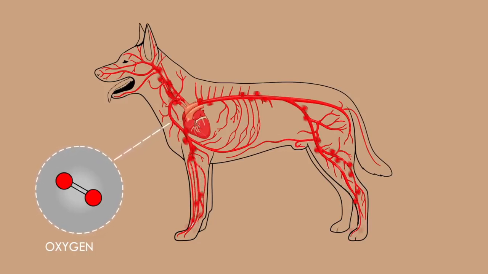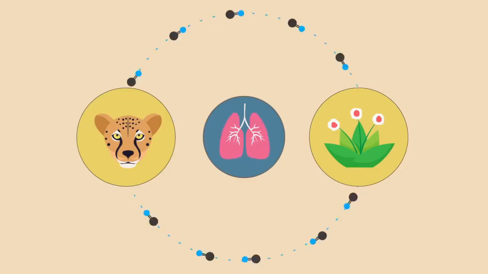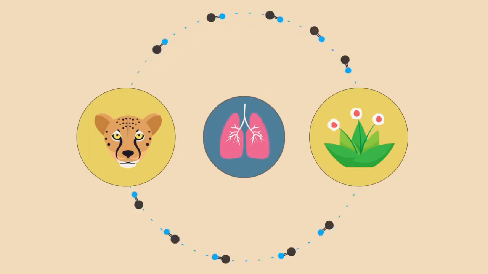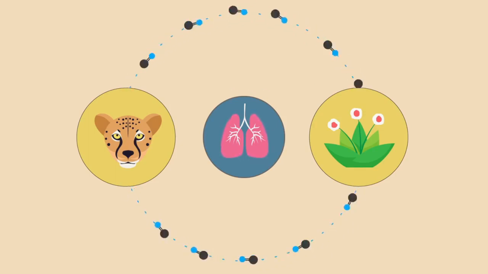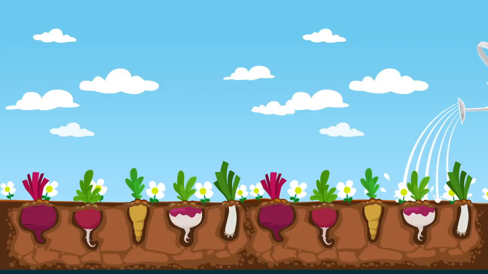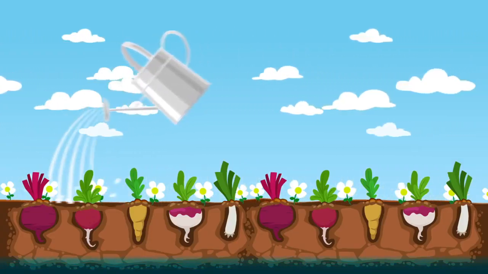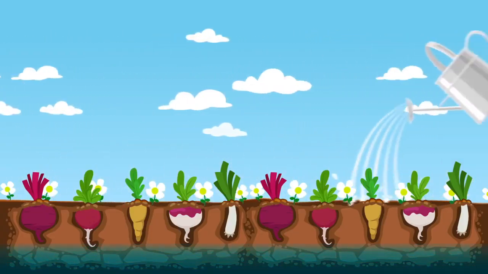You know how you breathe deeply after intense exercise? This is your body replacing the oxygen. So that is how anaerobic respiration works in animals. What about in plants? The oxygen supply can run out for plants too, such as in waterlogged soils.